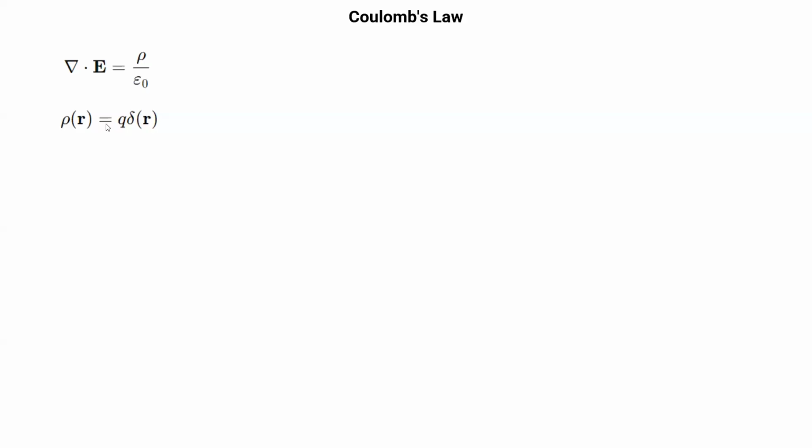And represent each charge as a product of the charge value, Q, like for the electron, it is the charge of the electron, for the proton, it's the charge of the proton, and so on, multiplied by a delta function. The delta function is simply a function which is equal to 0 everywhere except for the location of the charge, where it is equal to infinity.